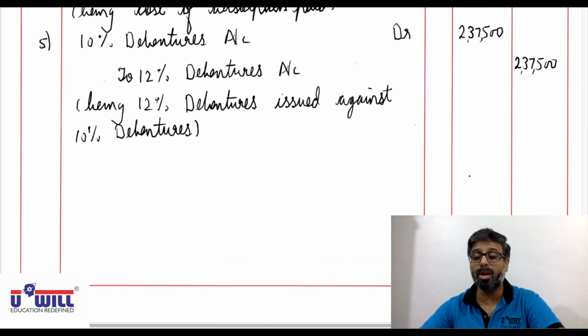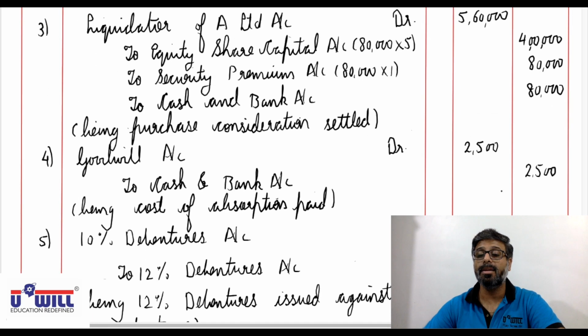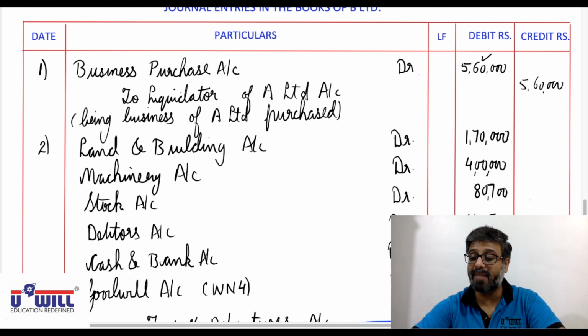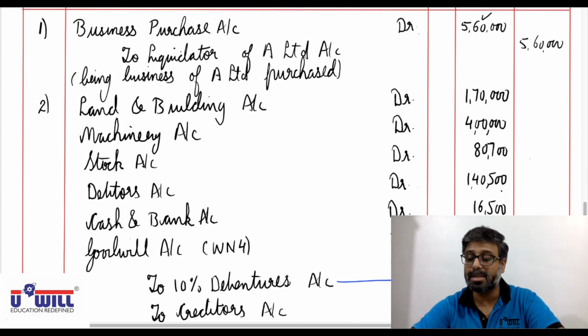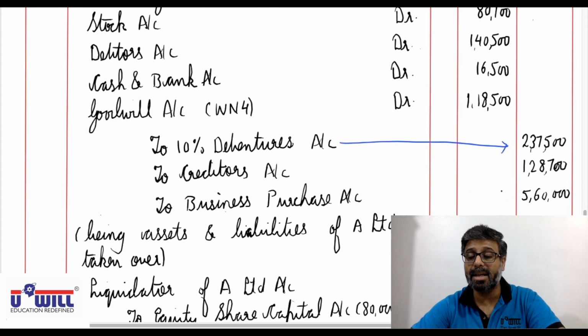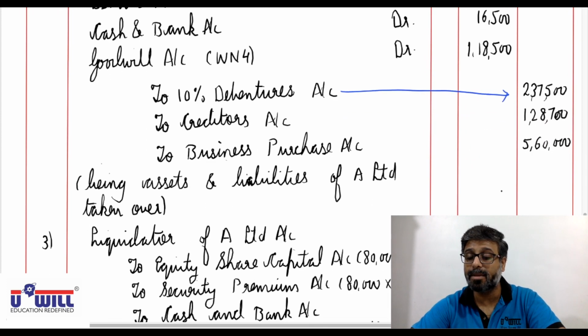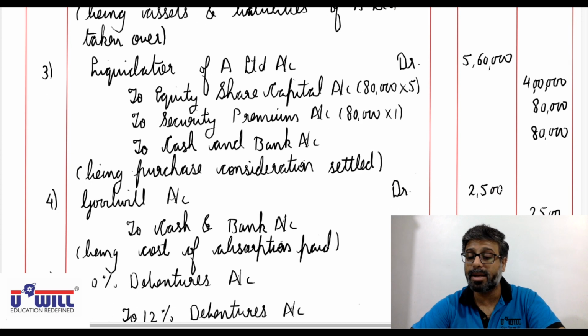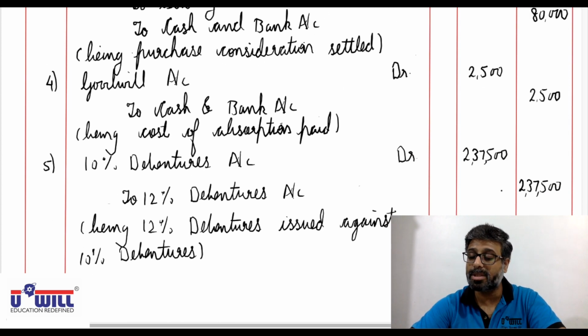Now we have to do the total of the journal, the formality of total of journal. So all of you can see 5,60,000 plus 170 plus 4 lakhs plus 80,700 plus 1,40,500 plus 16,500 plus 1,18,500 plus again 5,60,000 plus 2,500 plus 2,37,500.